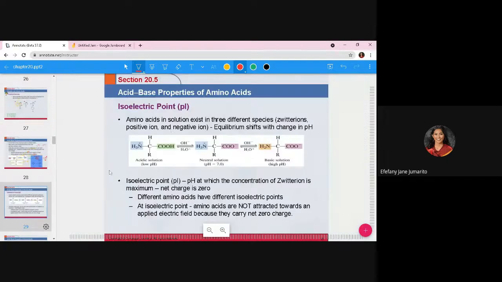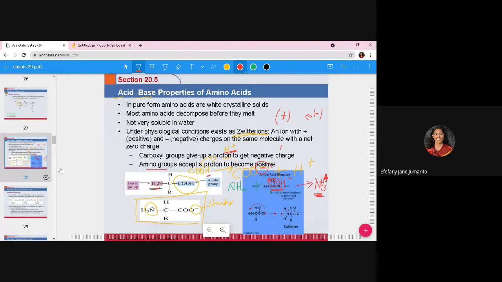Now, we have this one, acid-base properties. Again, let's go back first. Zwitterion is a German term, and it means double ion.